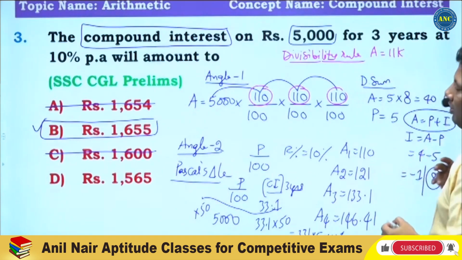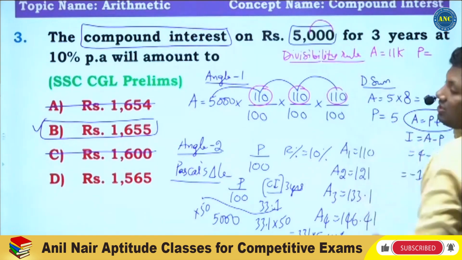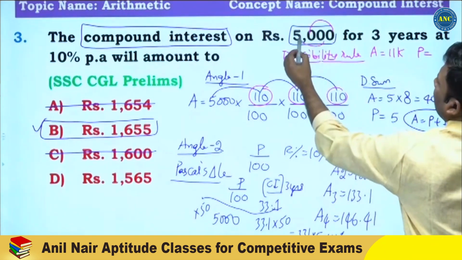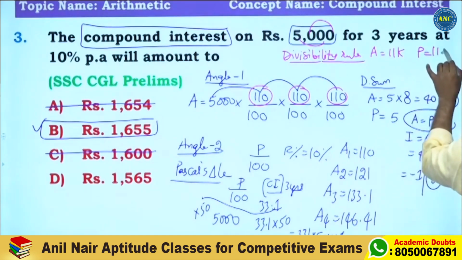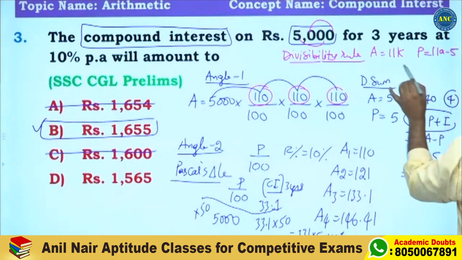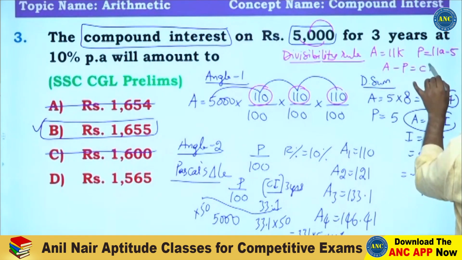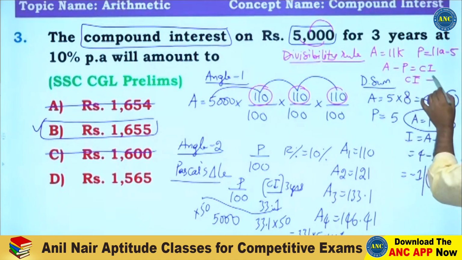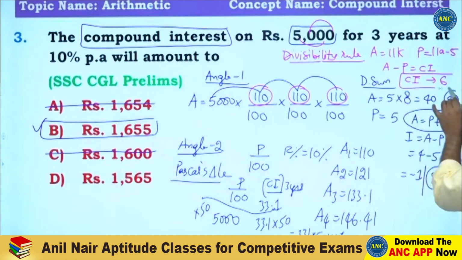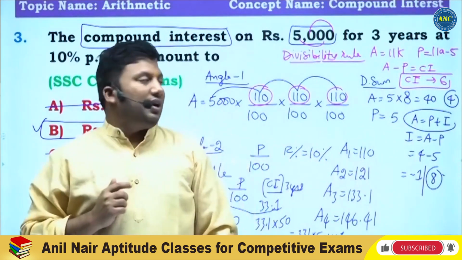For the principal, what is the sum of the odd places? 0. The sum of the even places? 5. That gives a negative remainder, minus 5. So amount minus principal, which is the compound interest, should give remainder 6 when divided by 11. I hope it is clear.